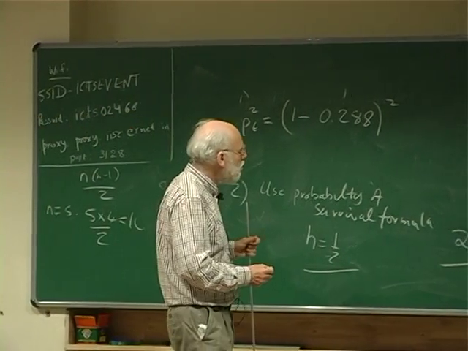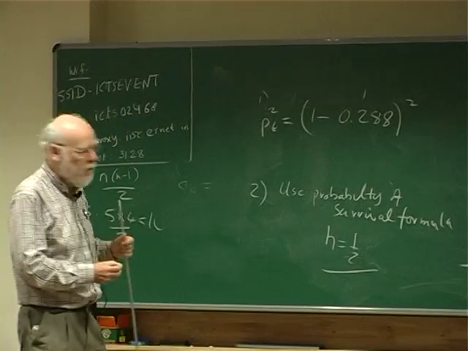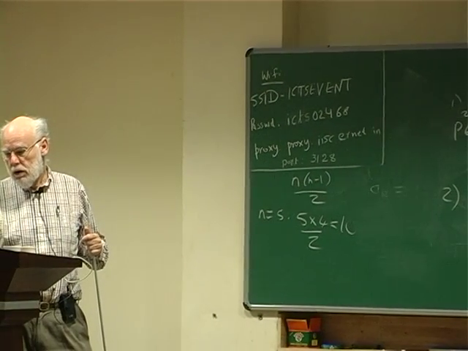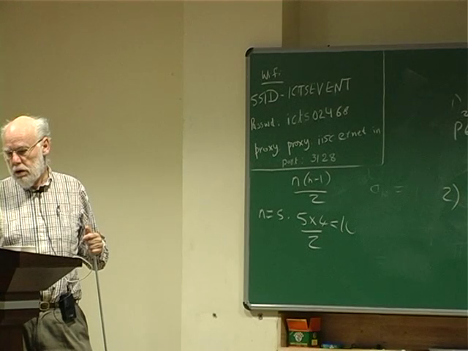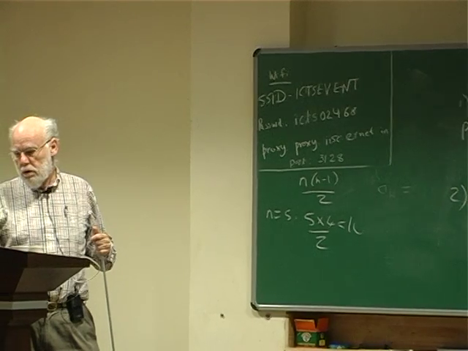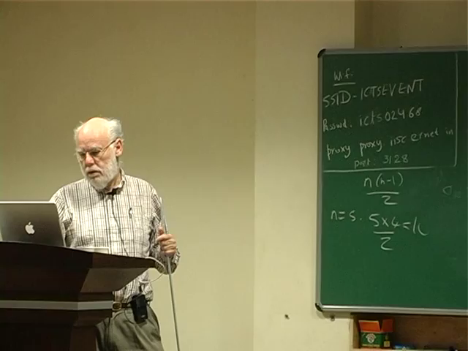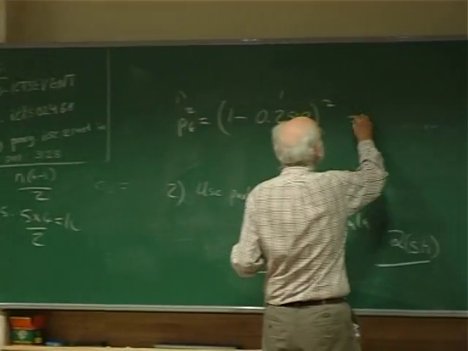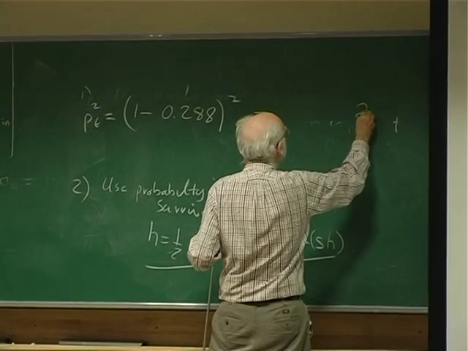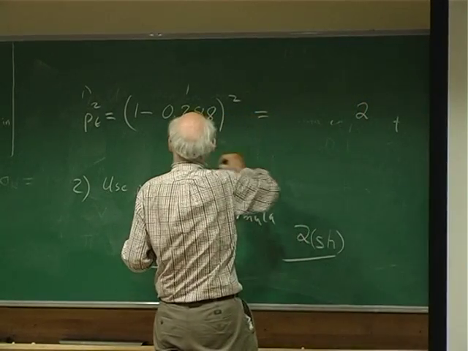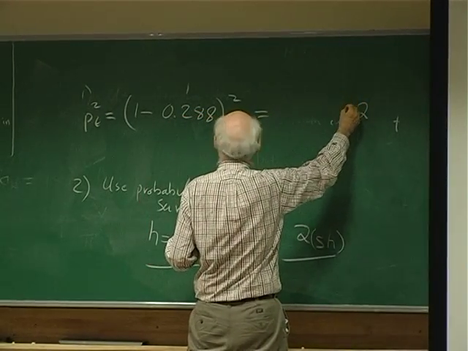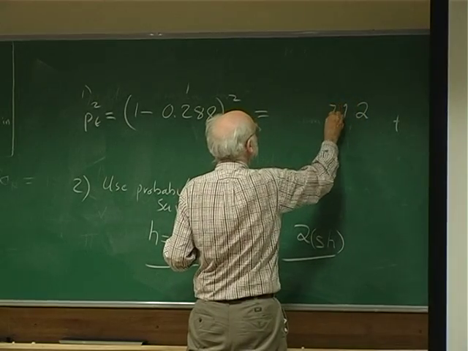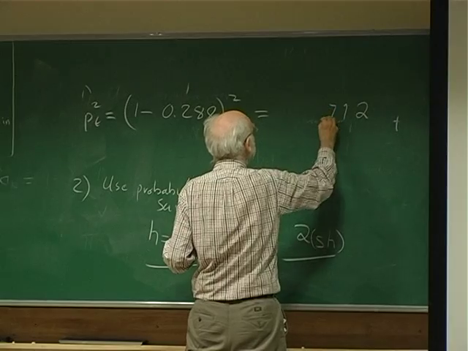I'm not sure where I'm getting this 0.507 from. That's wrong too. So 1 minus 0.288 is not 0.507. It's 0.712.